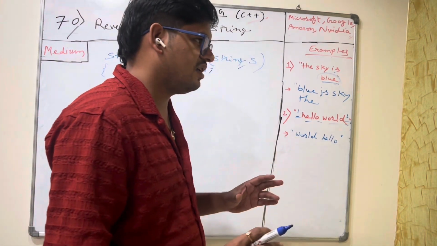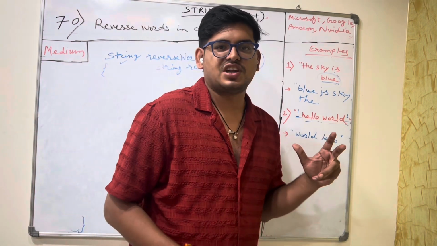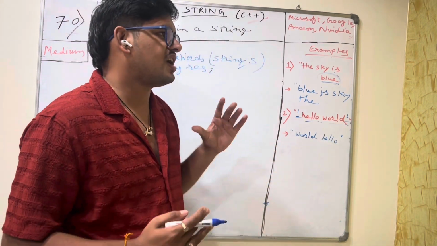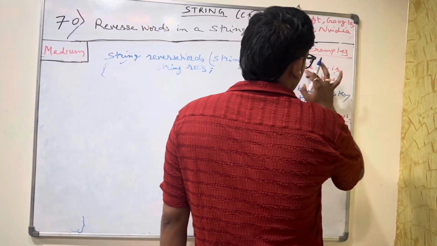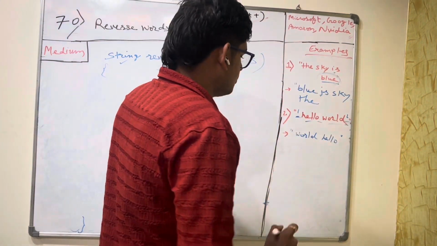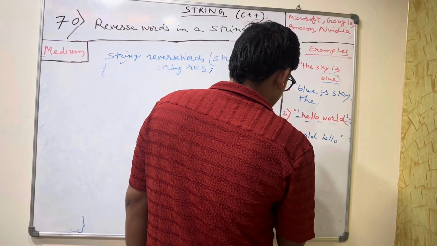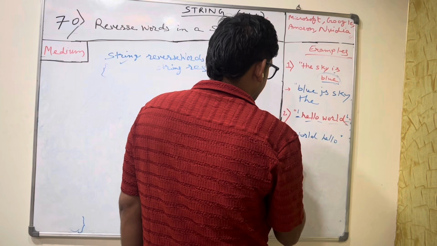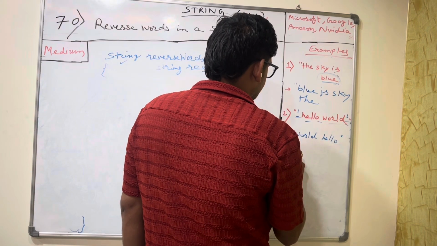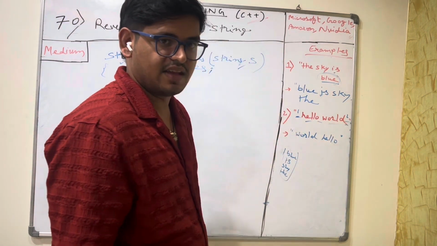You know the stack data structure, right? Stack, last in first out. So if we store this whole thing in a stack, whenever we get a word from the string we store it here: the, sky, is, blue.